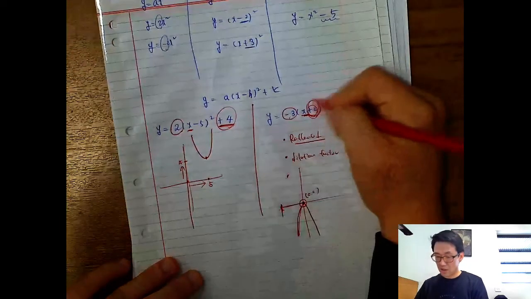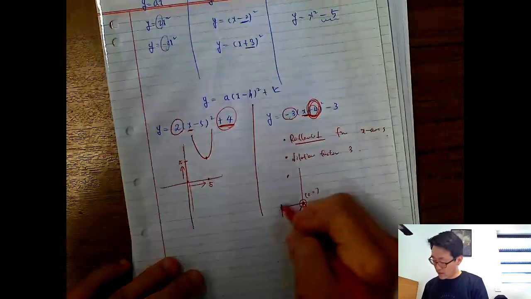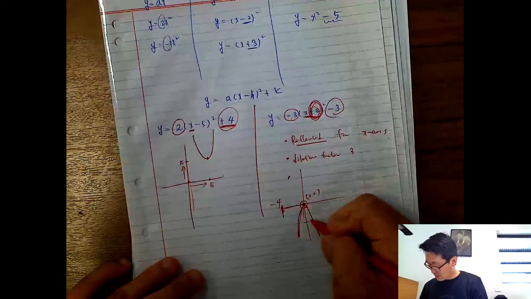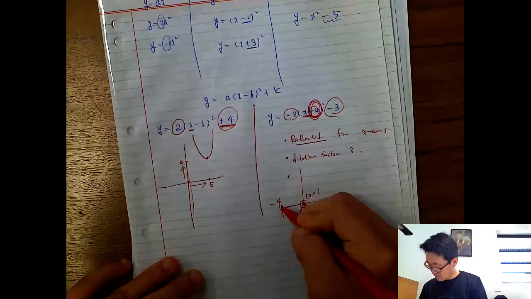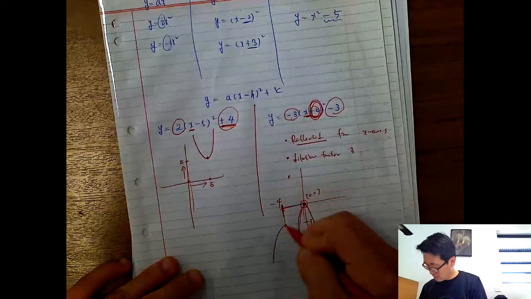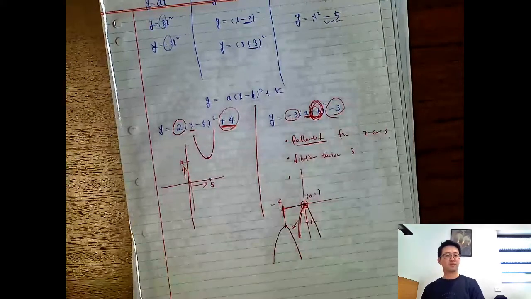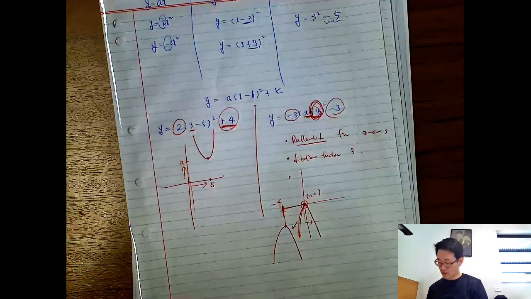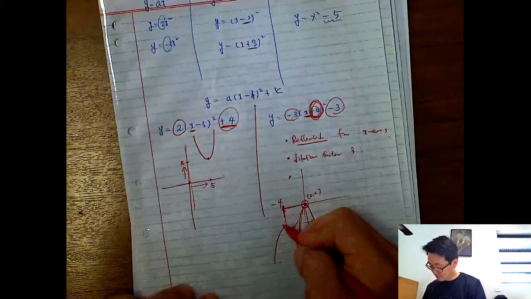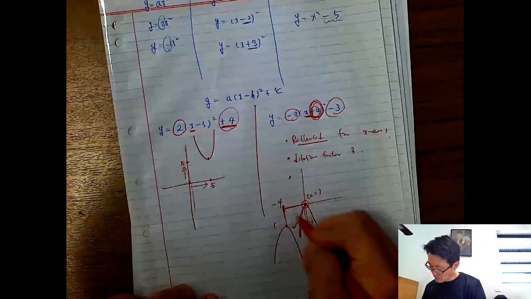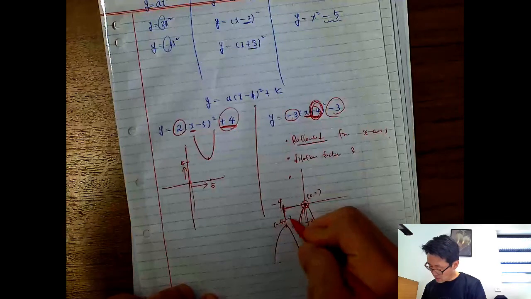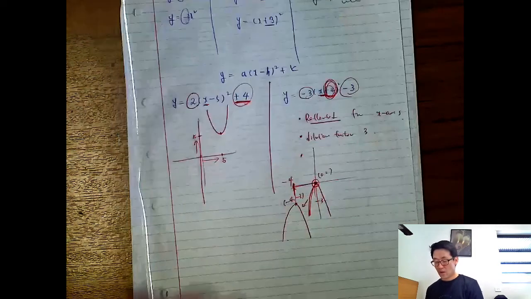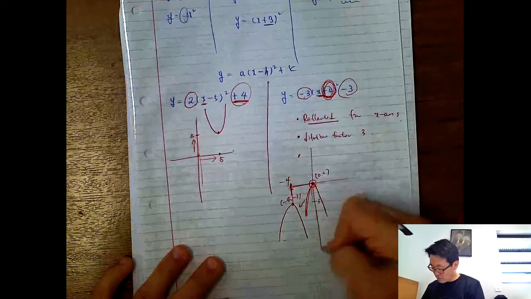Make sure this one moves the opposite way, so negative 4 and negative 3. That's simple enough now. And I indicated this is negative 4, negative 3. That's the turning point.